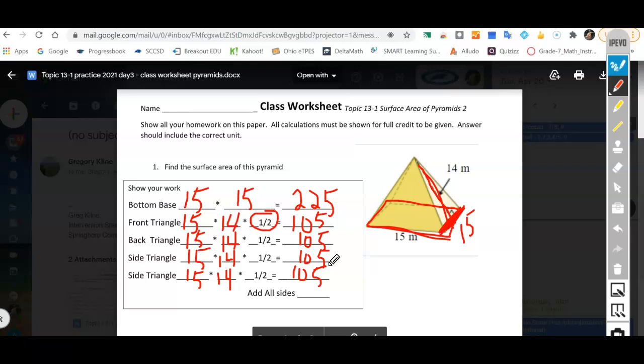You could have just done 105 times 4, right? And then added it to my 225. So what do we get when we put these all together? 645. And that is square meters. Make sense? Alrighty.